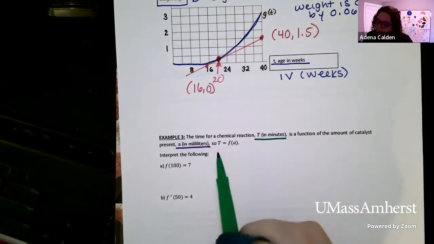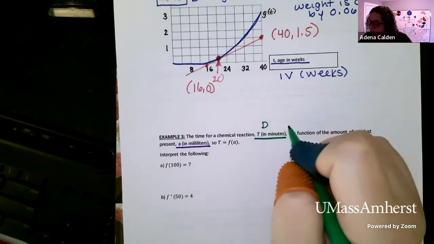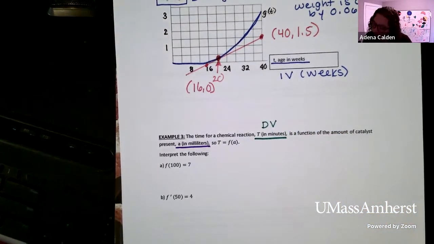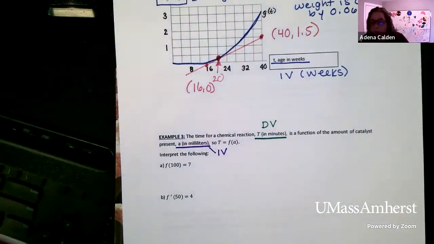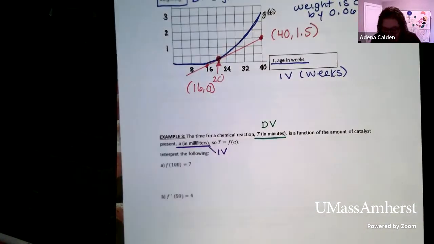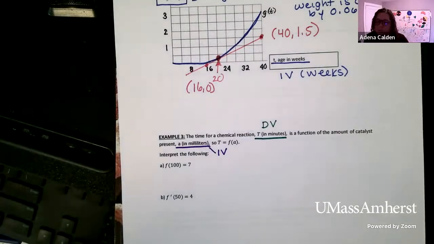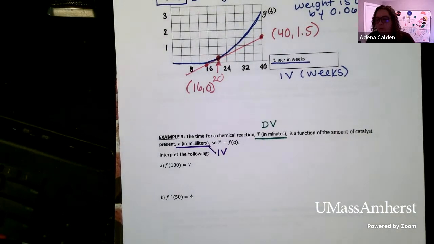So since we have T is a function of A, that means that the minutes are associated with the dependent variable, and the milliliters are associated with the independent variable. And this is a little tricky because time is more commonly associated with the independent variable, but in this case, it is not. So that's why we have to be really careful when we read through this problem.